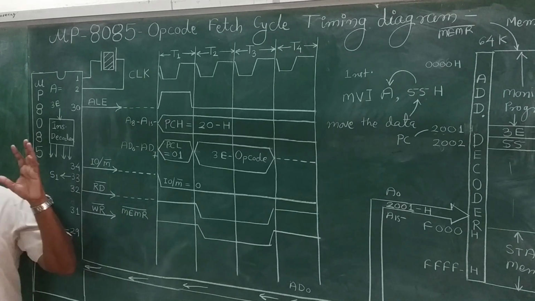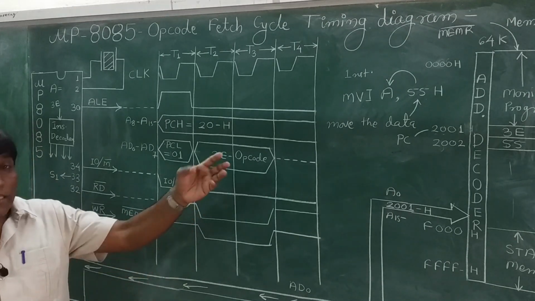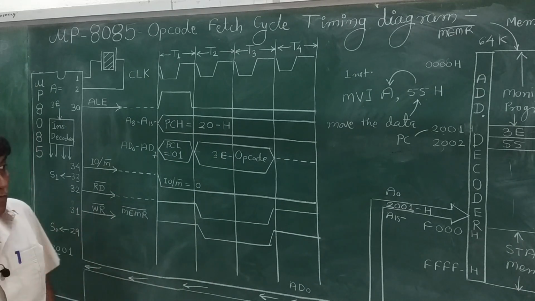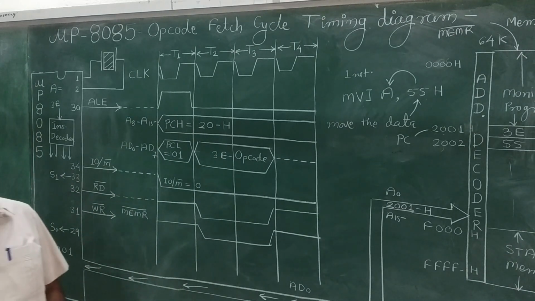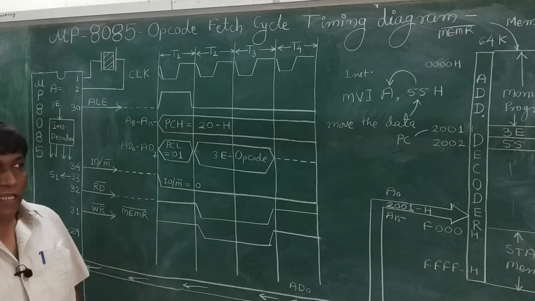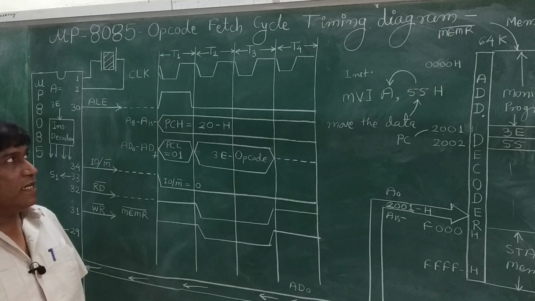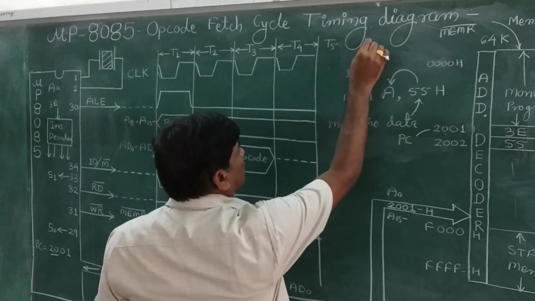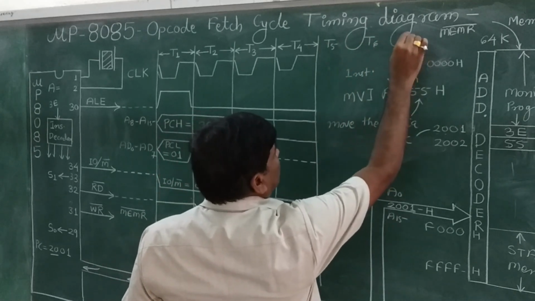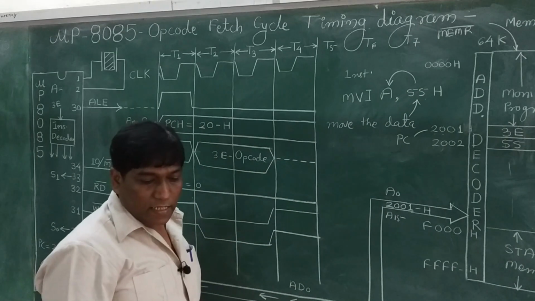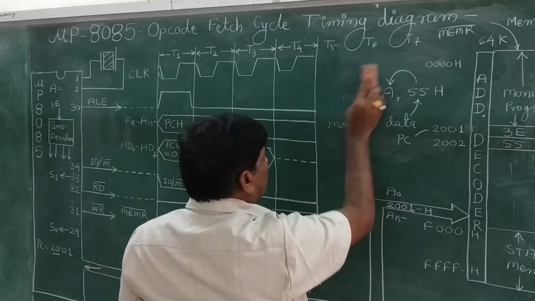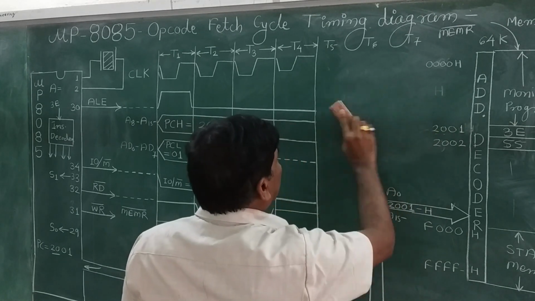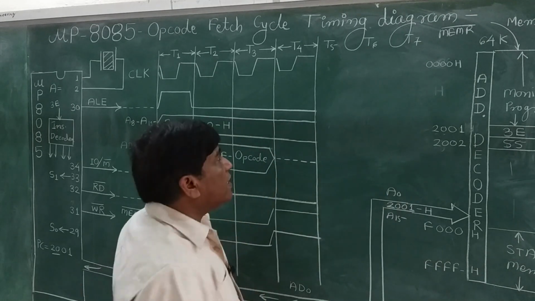What is the further processing? It is one more cycle, that is the memory read cycle, which means when the instruction is received in the instruction decoder, the next cycle is decided. Again, the next cycle will comprise 3 T states, which are T5, T6 and T7, and these 3 T states will be the memory read cycle, which we have already studied.